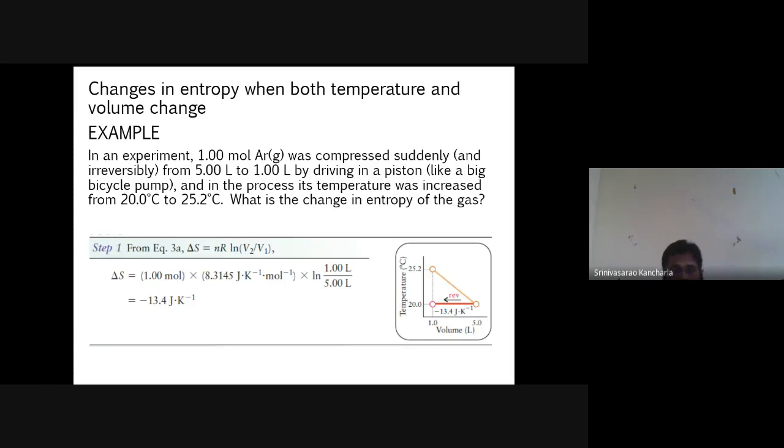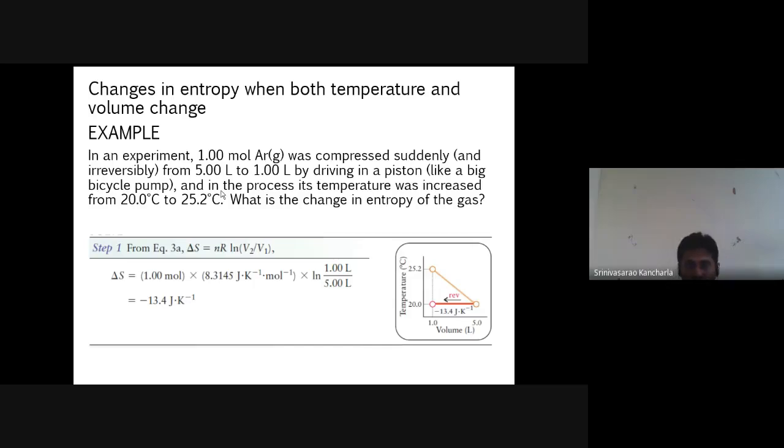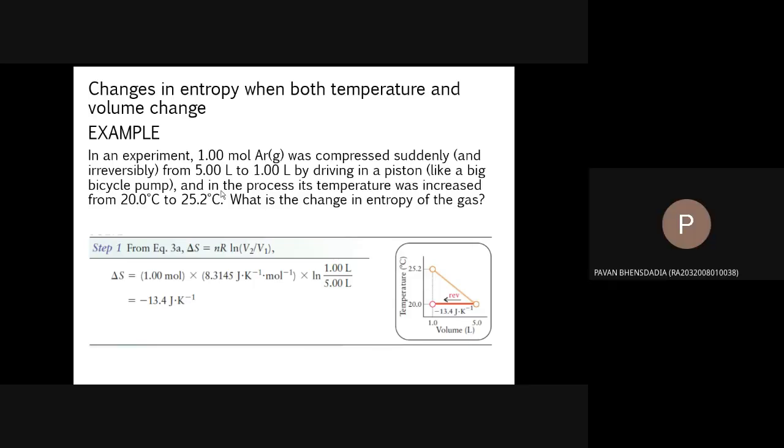So now, straight away, you can calculate the change in entropy due to change in volume. Since it is compression, the disorderness of the system should decrease, so you will have a negative change in entropy. Yes, it's minus 13.3832.